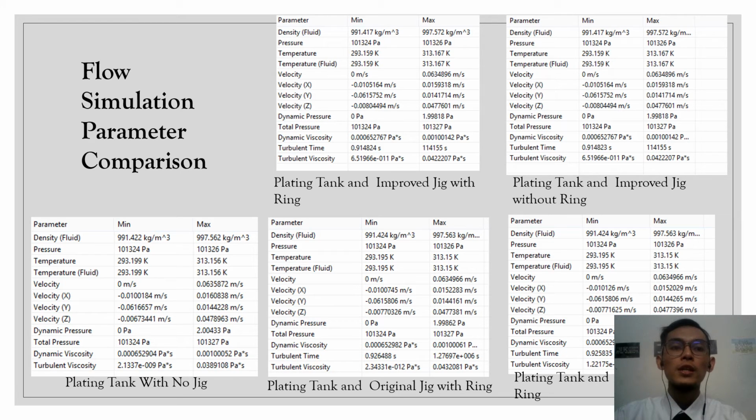The first situation is we let the plating tank empty with no jigs and ring. The second situation is we put the jig in the plating tank with the ring. The third situation is we put the jig in the plating tank without the cylindrical ring.